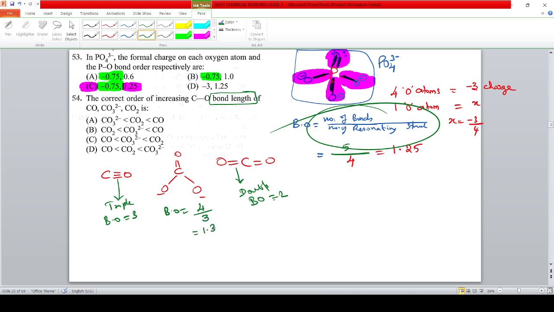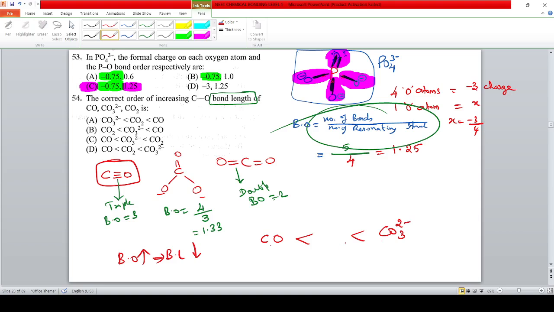It is 1.33. A triple bond is the shortest bond, right? So when bond order is higher, bond length is very low; they are inversely related to each other. Since CO has bond order 3, it has the lowest bond length. Who has the lowest bond order?